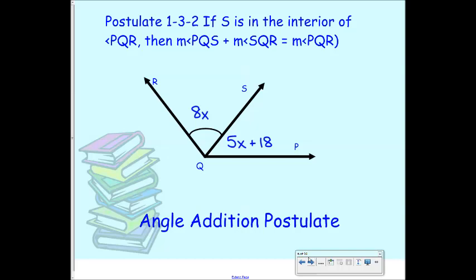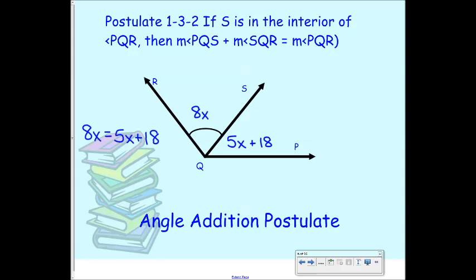You're right. How do you know that they're equal? What word did I say that lets you know that they're equal? Bisect. Just like if you heard midpoint, you knew that they were equal. If you hear that QS is a bisector, that means these 2 things have to be equal to each other. So you can say 8x is equal to 5x plus 18.